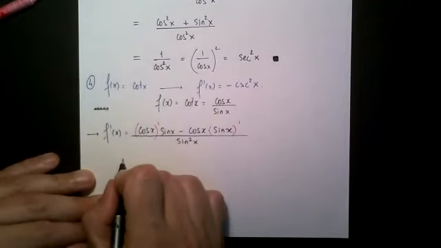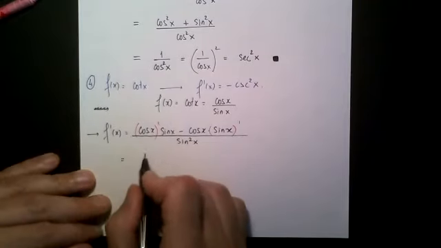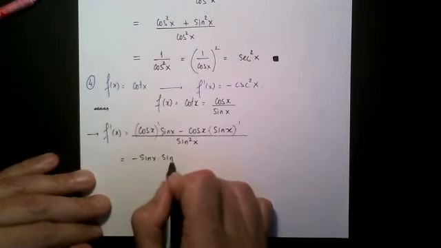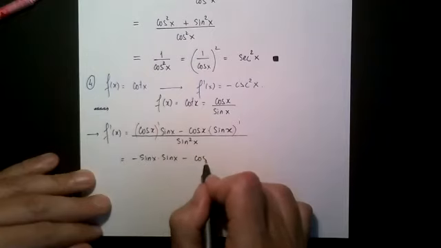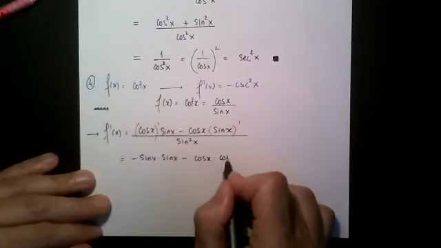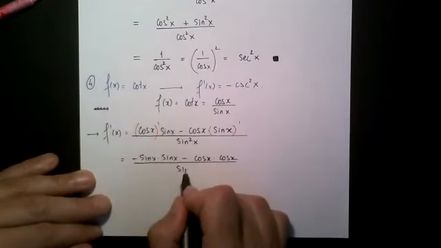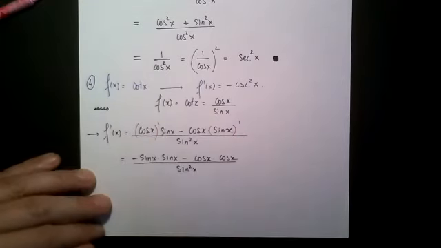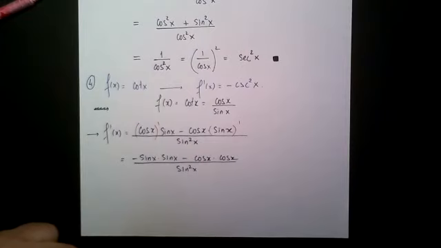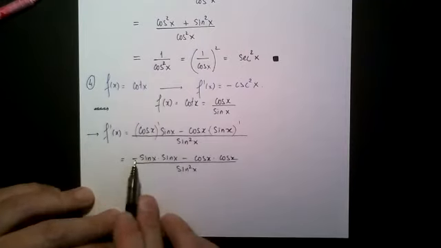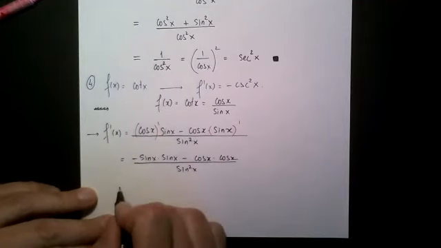Okay, so it's equal to derivative of cosine is negative sine x times sine x minus cos x times cos x over sine squared x. Okay, so on top I could extract a minus 1.